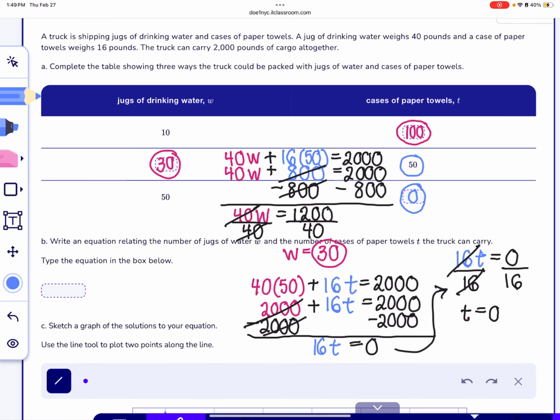Okay, next we are going to focus on the sketch of the graph of the solutions to our equation.